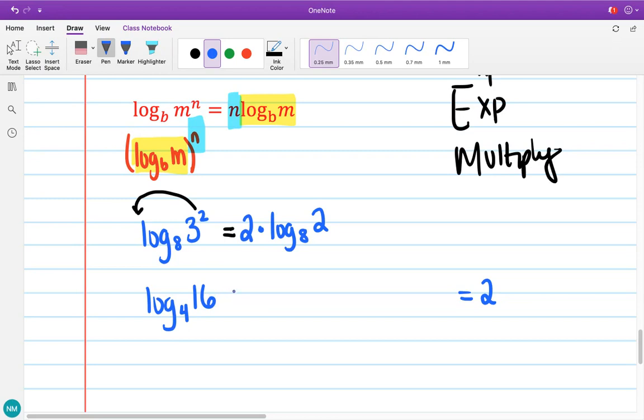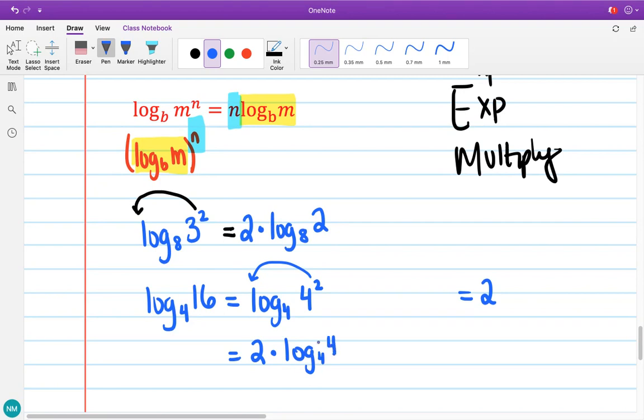Now, this is the same thing as me saying log base 4 of 4 squared, right? So if I take this 2 and bring it up here, let me write that here: 2 times log base 4 of 4.